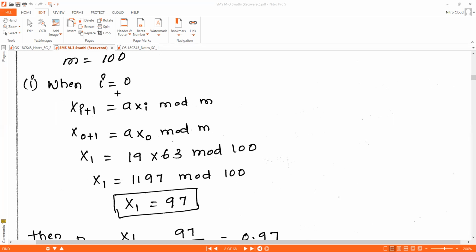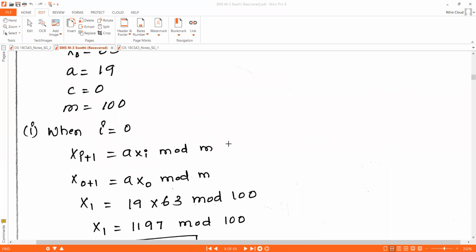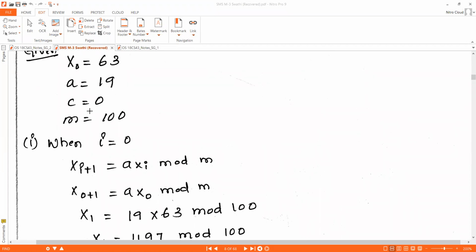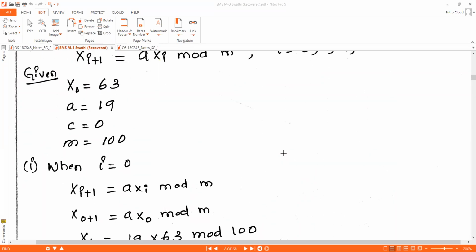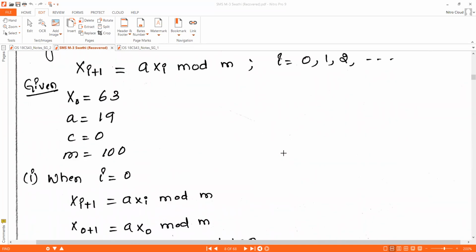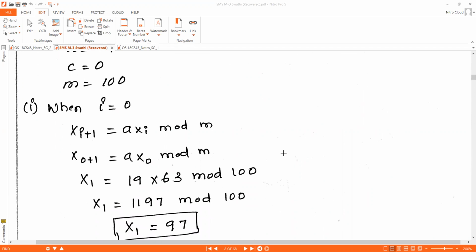If you substitute i equal to 0 in this formula, in place of xi we write x naught, so a into x naught mod m. In the problem they have given the x naught, a, c and m values. Since we are following the multiplicative congruential method, we don't need to use the c value.